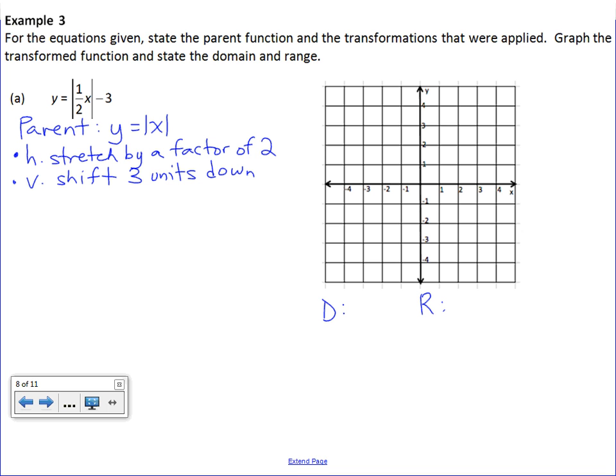So, stated the parent, stated transformations, graph, and state domain and range. So how am I going to graph this? Mapping rule. So let's get the mapping rule. What's happening to x values?